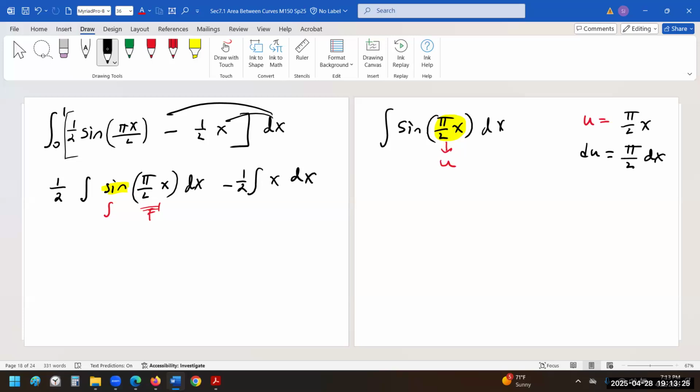We're only given the dx, not the pi half. So we divide by pi half, but dividing by pi half means multiplying by 2 over pi. So we get 2 over pi du equals dx. And we have 1/2 outside. So this thing becomes sine u, and the dx becomes 2 over pi du.